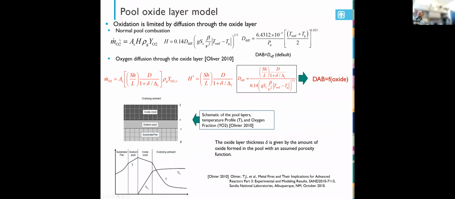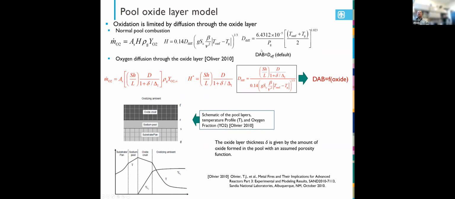Okay, the first equation is the current model. Basically, the diffusion of the oxygen is equal to this expression, a function of temperature and pressure. The improvement that we included here is incorporating the oxide layer buildup, and showing these three equations equivalent to that.